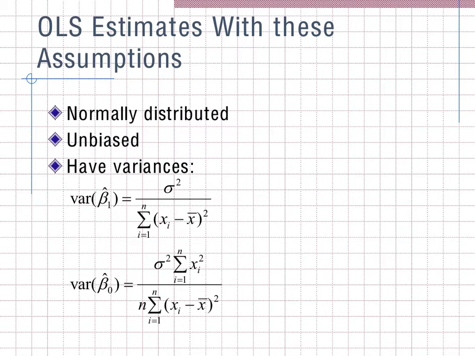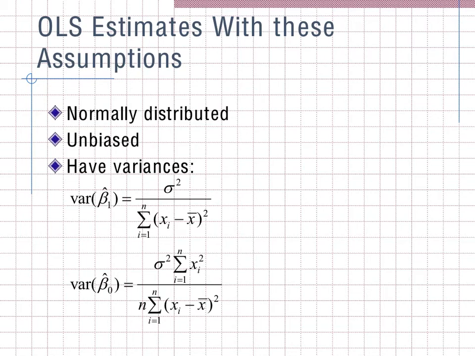With those assumptions about the residuals, it turns out that the slope and intercept estimators will be normally distributed. They'll be unbiased. In other words, the expected value of our estimate for beta 0 is equal to beta 0, and the expected value of our estimate for the slope beta 1 is equal to the true slope.